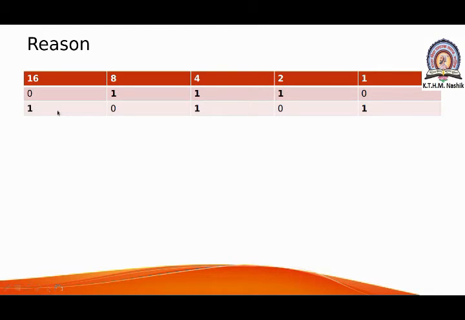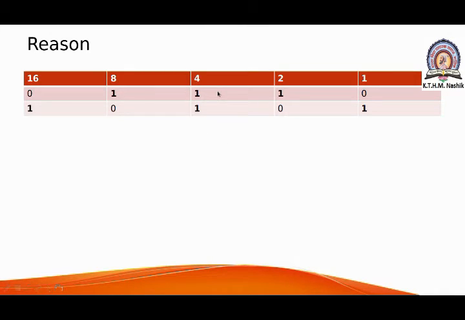Here we have to take the bitwise OR, that means wherever in both values it is 1, we have to take it into consideration. But if it is 1 in both, then we will take it one time only. That means here in 16 it is 1 for 21, so we will consider it. Then in 8 it is 1 for 14, hence we will consider it.